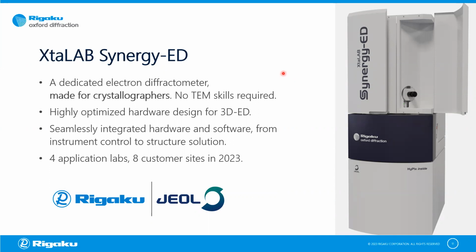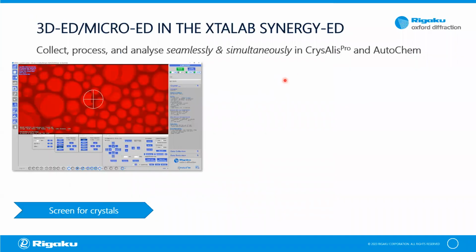So now let me just briefly show you what I mean with a seamlessly integrated workflow. The steps you have to take for a 3D-ED experiment is, first of all, to look for suitable crystals. And because these crystals are so small, you cannot see them under a light microscope anymore. So the only way to find them in the first place is to have screening capabilities in the electron instrument itself. And of course, we have that.